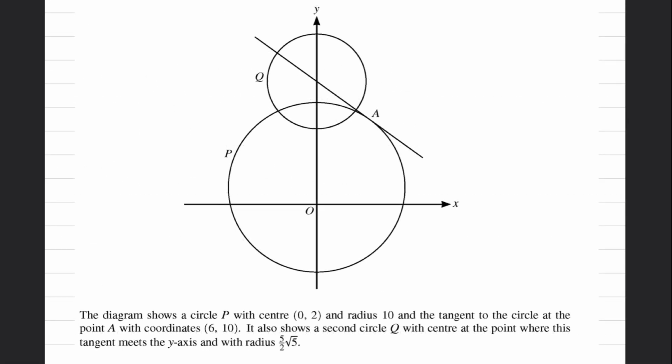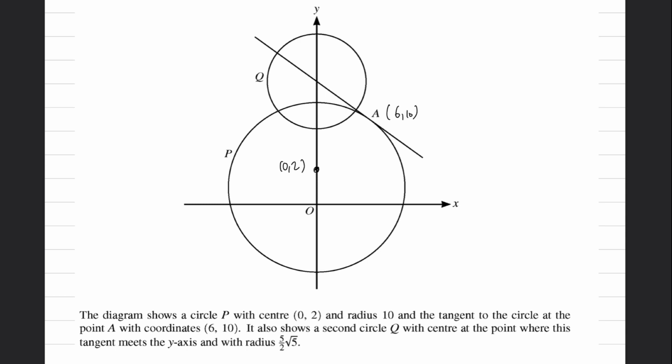Here we have a diagram that shows a circle P with center (0, 2) and radius 10, and a tangent to the circle at point A with coordinates (6, 10). So maybe this is the center, (0, 2), and A is (6, 10).